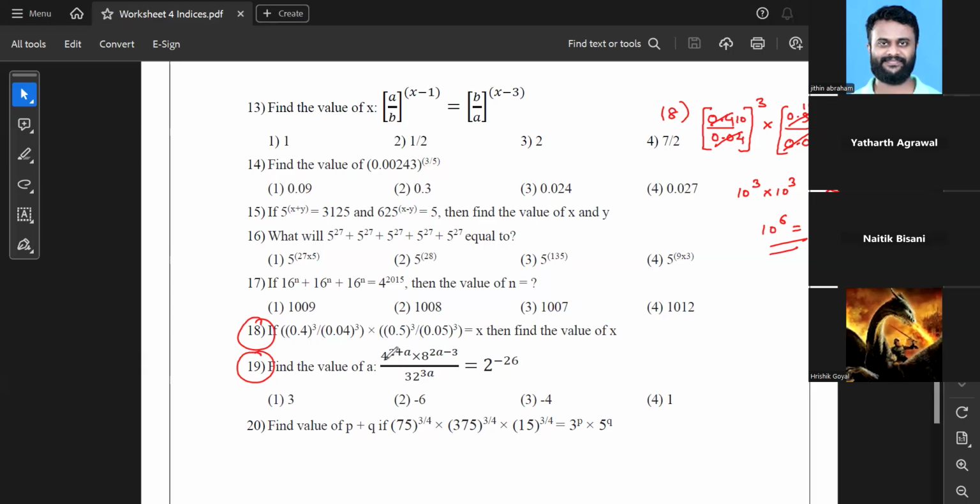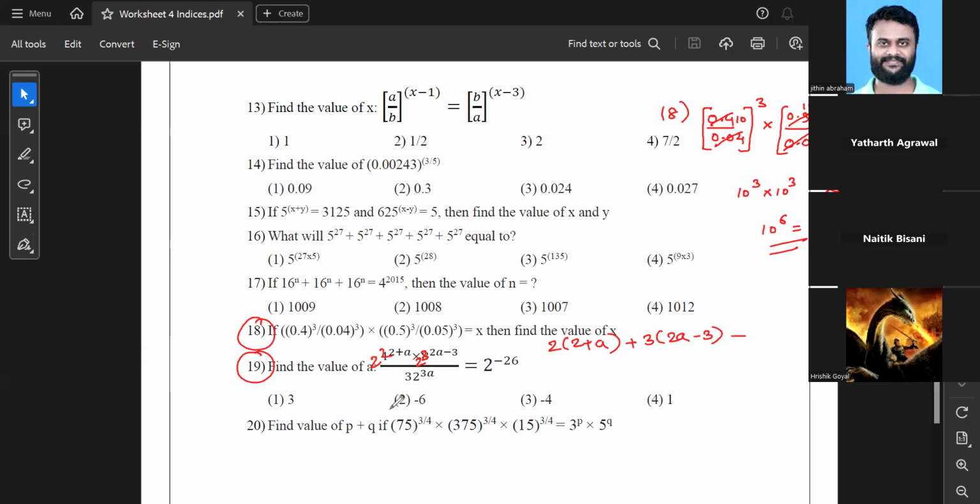So I'll directly write it as 2 raised to 2 plus a, because I'm going to consider 4 as 2 raised to 2. Now this I'll be considering as 2 raised to 3, so plus 3 multiplied by 2a minus 3.